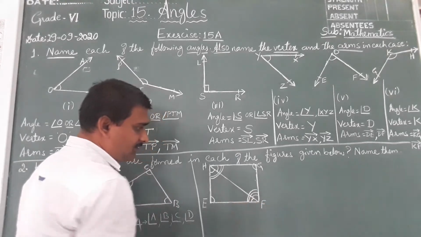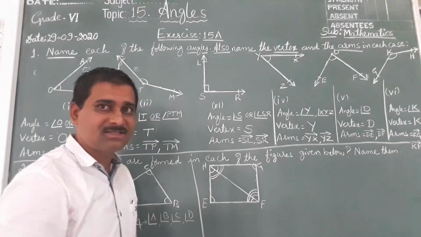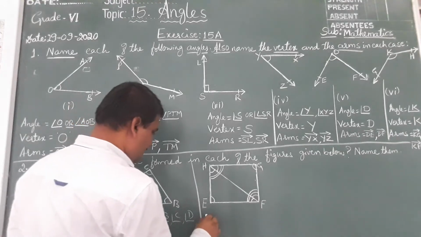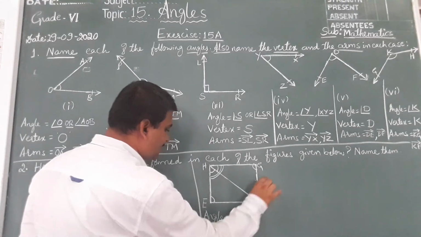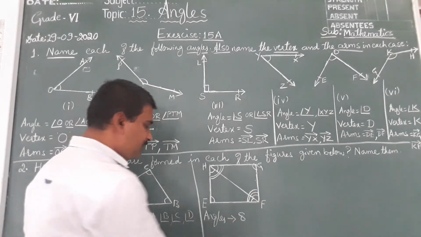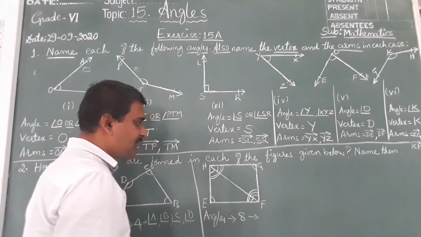This big angle is only half and half. Total full angles, 8 angles. You should see here in this picture, angles are 8. Now we should start writing those angles, right?